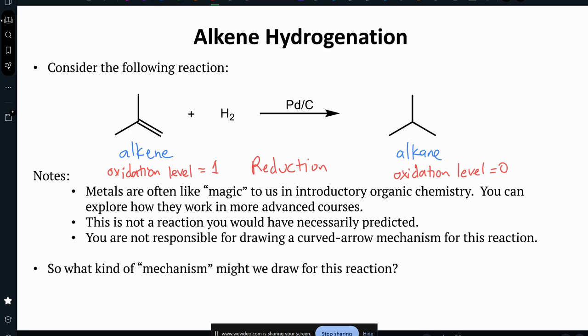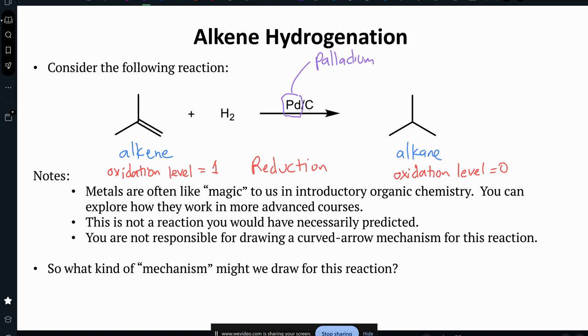So a couple of things here. Just like the last lecture where we saw oxymercuration, and we said the mercury sort of behaves like magic, in this case, we're going to use another magic metal, and that would be Pd. This is palladium.